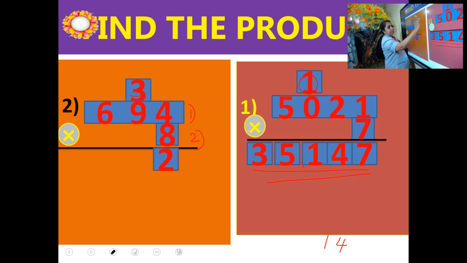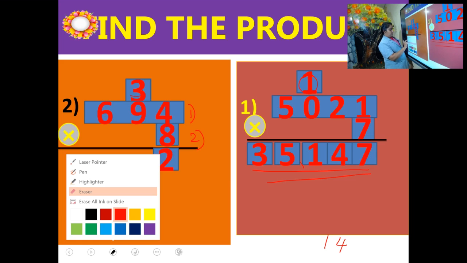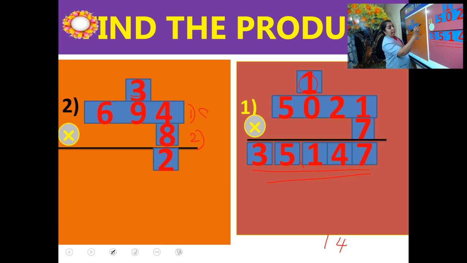First step you are doing 8 fours are 32. 2 is here, 3 is the carryover. In the second step you are multiplying 8 nines, 72. 2 in the tens place. 7 is the carryover to the hundreds.